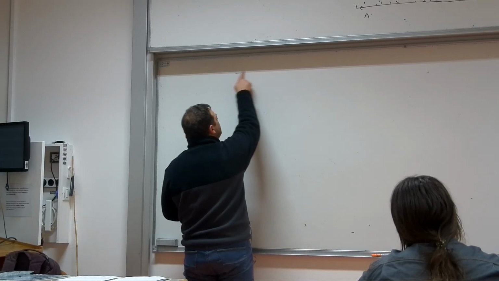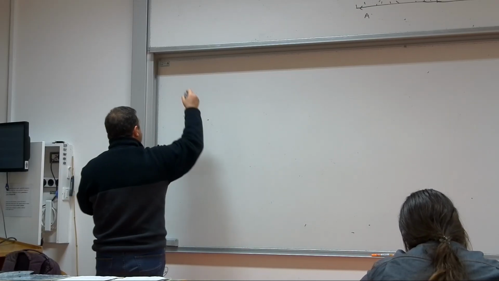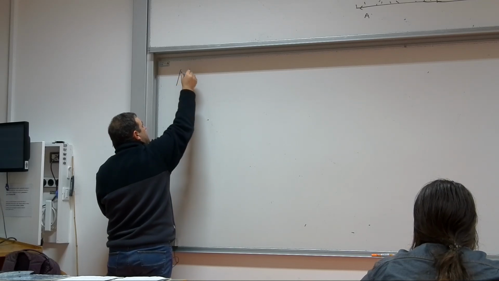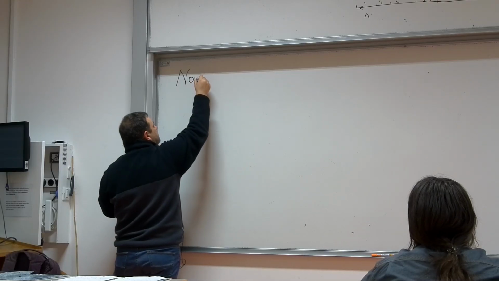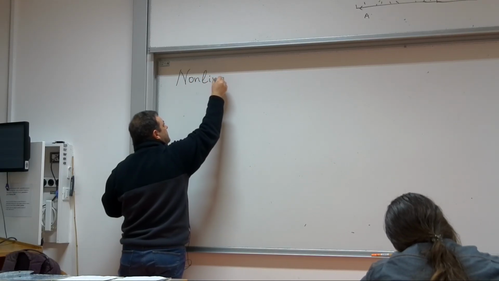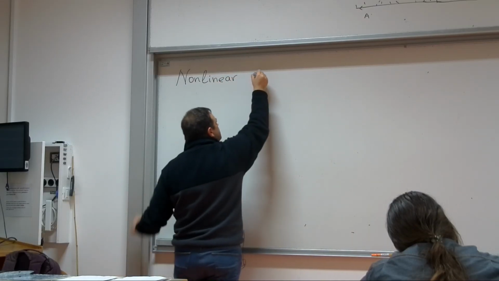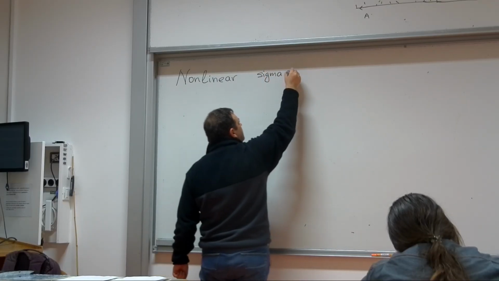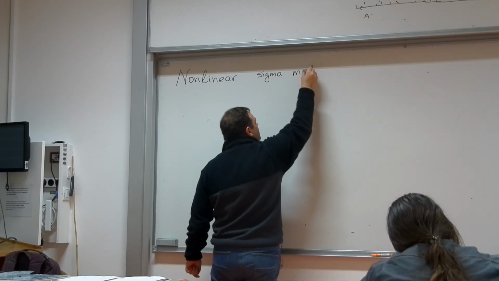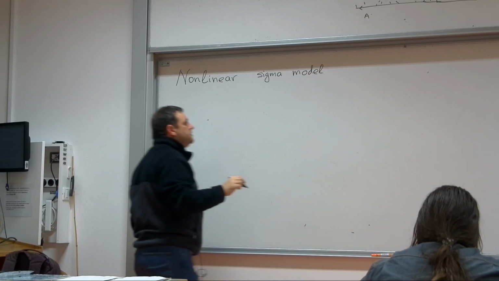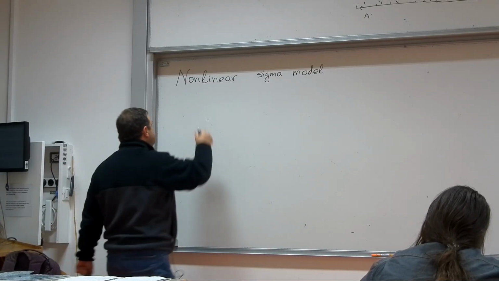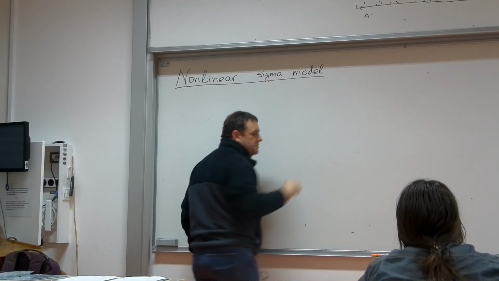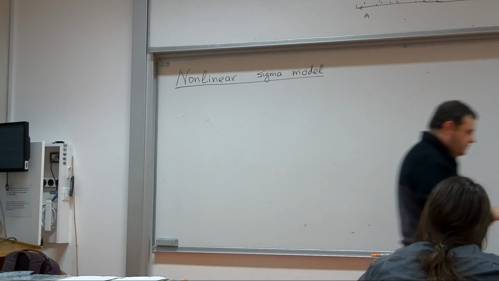So the new topic has a name. It's called nonlinear sigma model. Each word has no meaning so far. What is nonlinear? What is sigma? It's just some 3 random words.